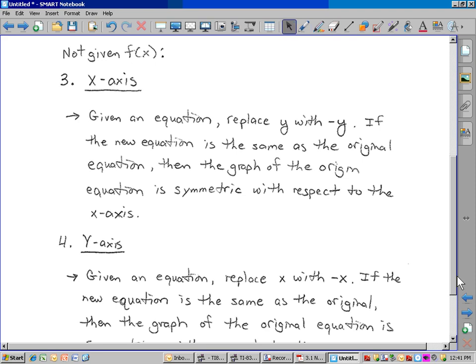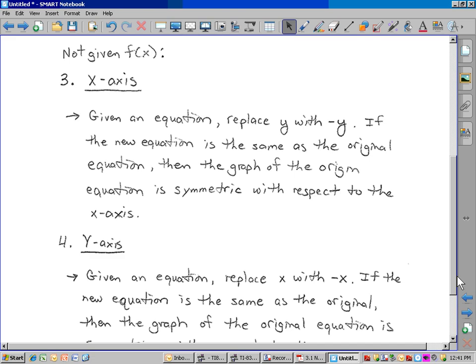All right, what happens if you're not given a function? If you don't have f of x? Does every graph you look at have to be a function? Is a circle a function? Does it pass a vertical line test? No way.